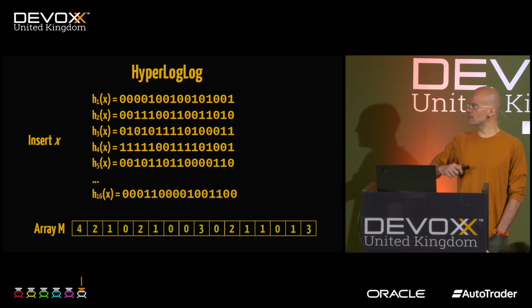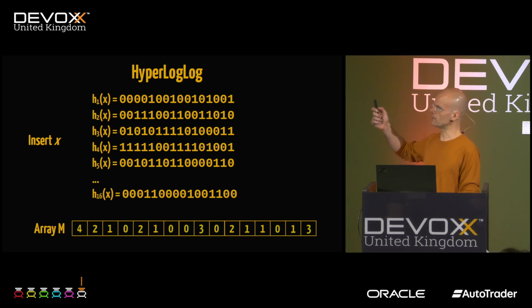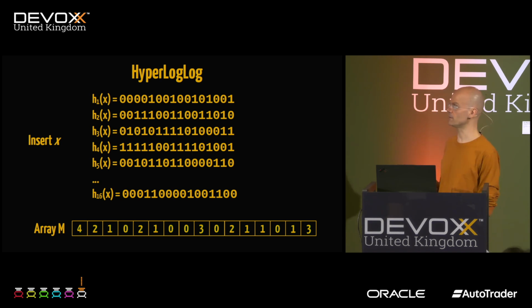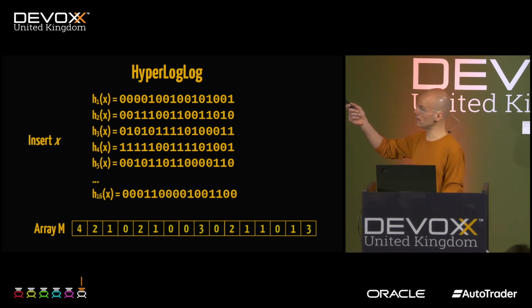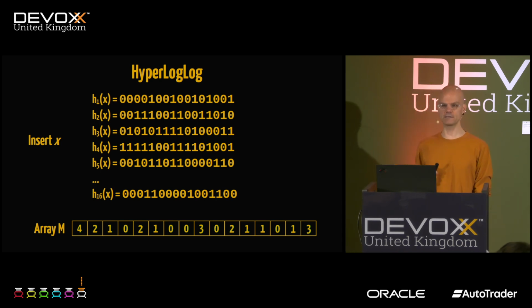So let's say that we have, in this case, 16 hash functions. We apply all of these to the element x that we're inserting, and we get numbers. I'm showing here their binary representations. The first one has 4 leading zeros, so I put a 4 in the first element of the array.